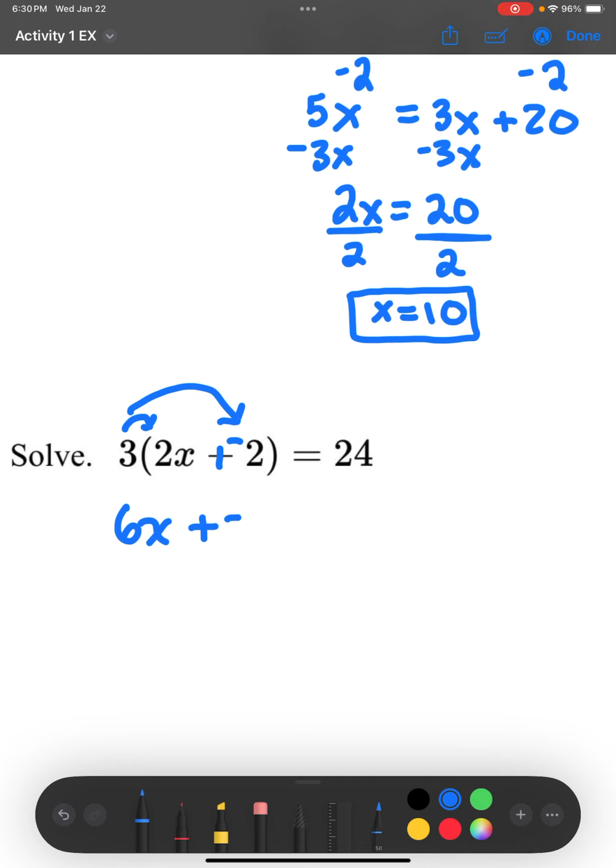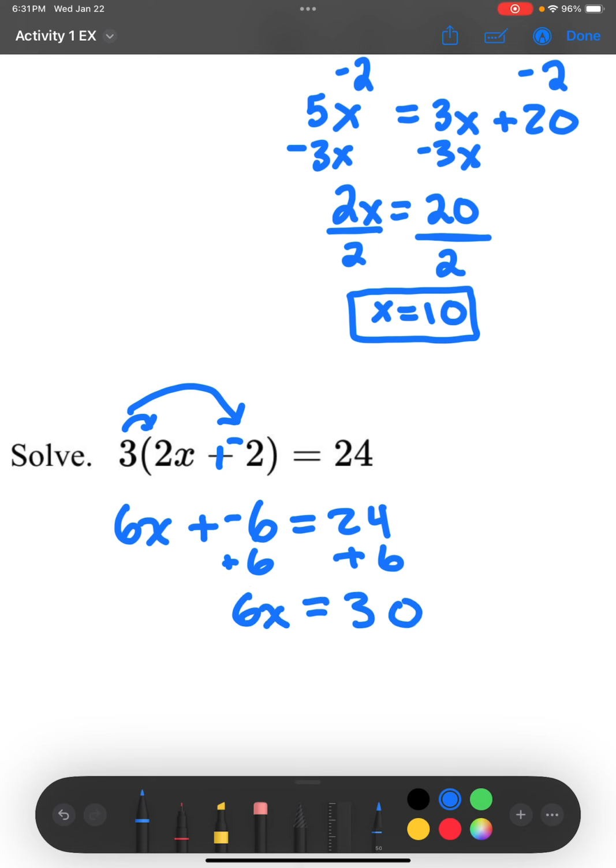That gives a negative 6, right? Equals 24. We want that 6x by itself, so let's add 6 to both sides. That leaves us 30 and 6x. And to get that x by itself, we're going to divide by 6 on both sides. And x equals 5.